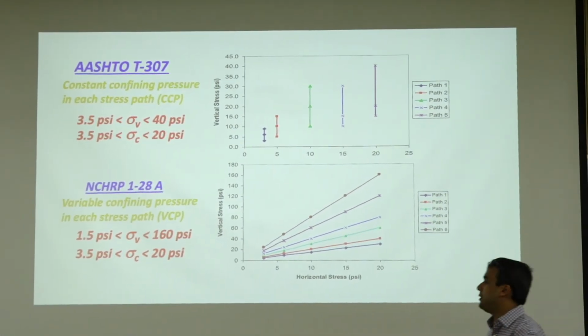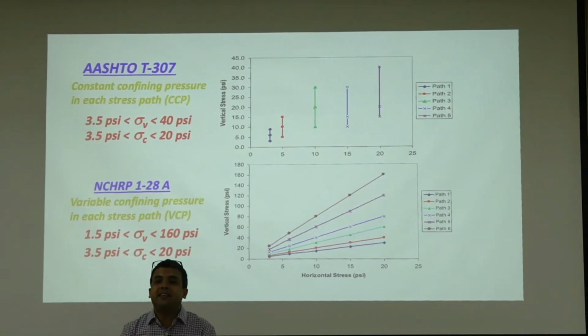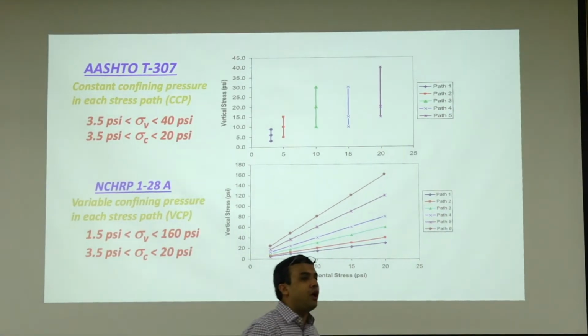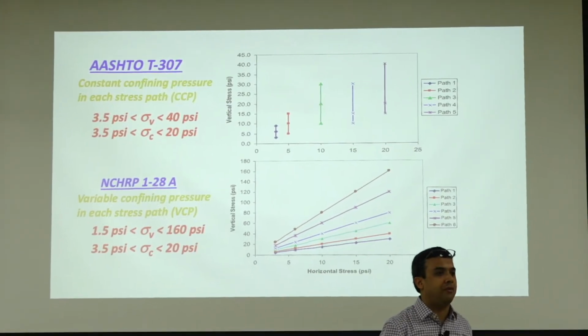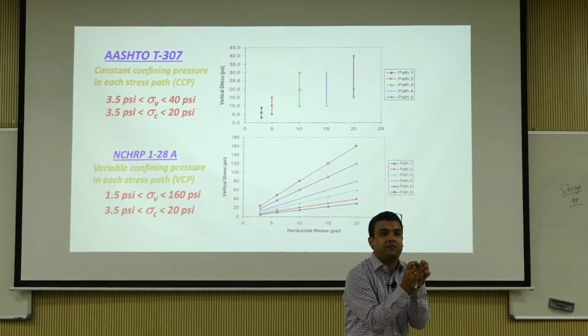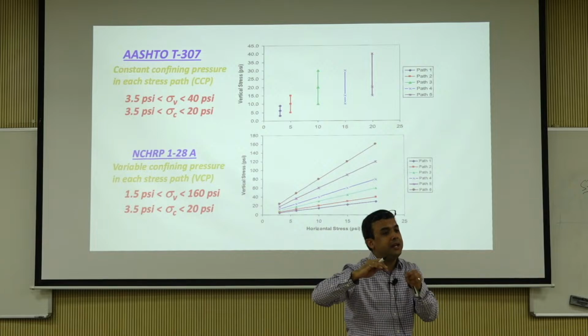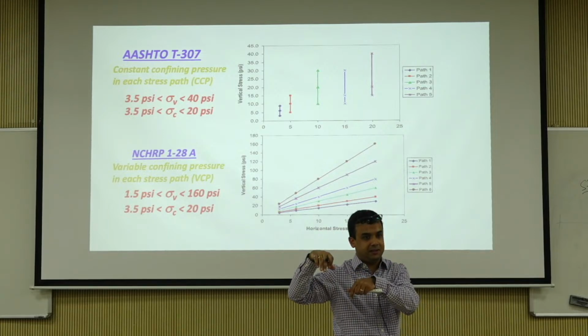There is another method called NCHRP 1-28A, which actually says that that's not a very right characterization of your material. You should not keep constant confining, you should change confining as well when your vertical stress is also increasing.